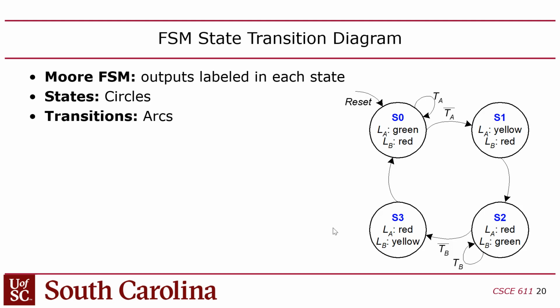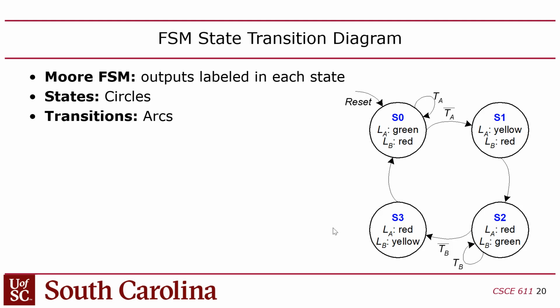You can have a green light on one road and a red on the other, or vice versa, or you can have a yellow on one road and a red on the other. So there are 4 different combinations. You represent each one of those states as a vertex in a graph, and then you have arrows that connect them that define the state transitions. How do you get from one state to the next?